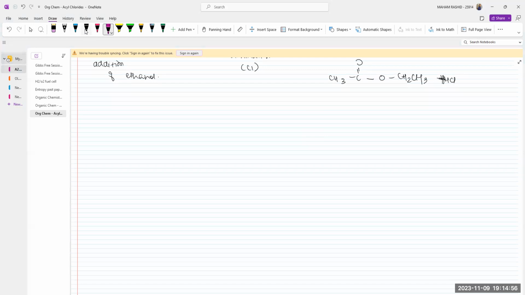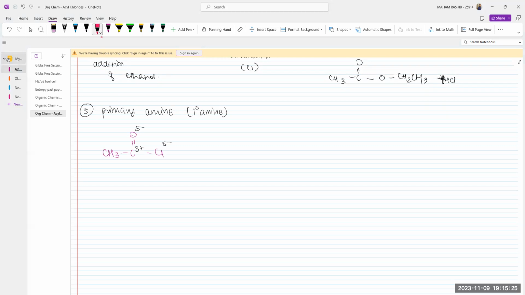Now the last reaction is with a primary amine. CH3 C double bond O. Here there is delta negative, delta positive.